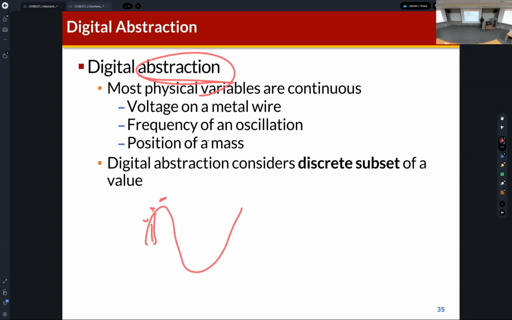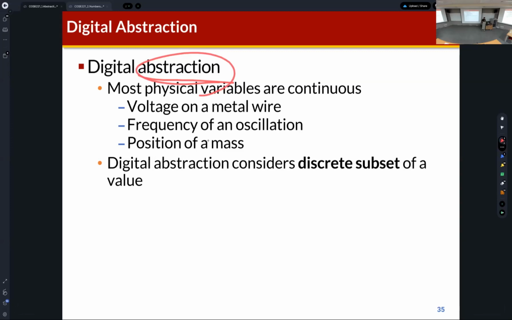We cannot represent this real number using a floating point number, because even though we can represent this number like 1.25, this cannot be the exact value of this signal.